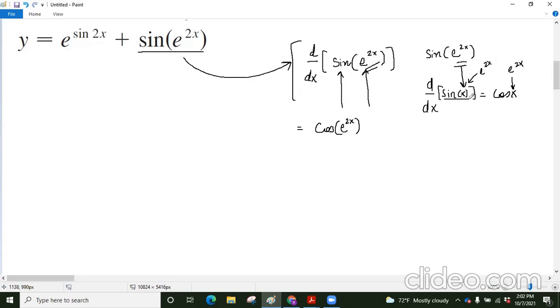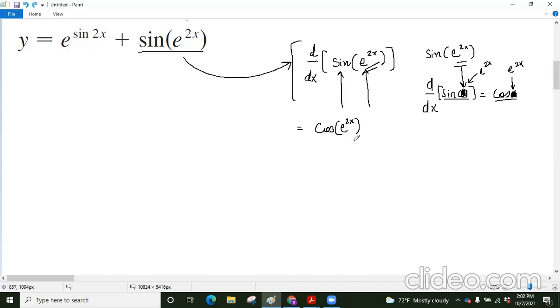In this case, it was sine of x, and we know that the derivative of sine of x is cosine of x. But if I change that x to anything, then it must also correspondingly follow to being the x of that anything when we pop out the derivative. So that's what we did here. We know that it's cosine of x, but instead of it being x inside, it's e to the 2x.